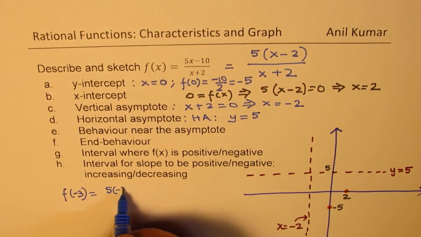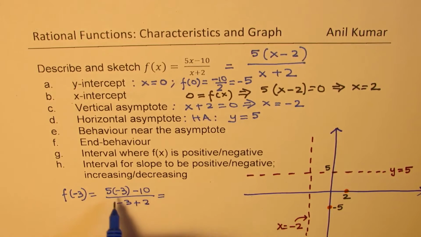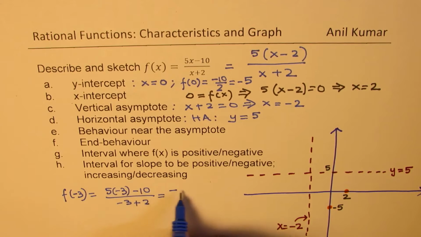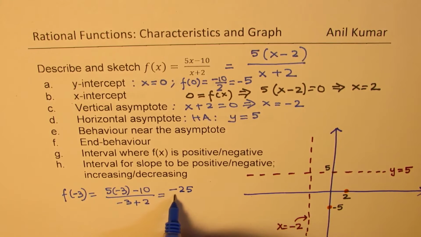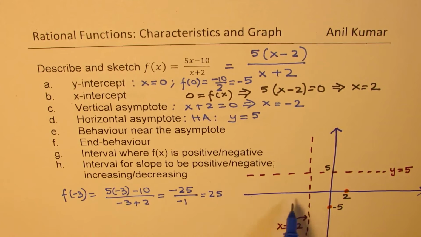I get 5 times minus 3 minus 10 over minus 3 plus 2, which is minus 25 over minus 1, which is 25. So at minus 3, which is 1 unit on this side, we have a point which is right here.